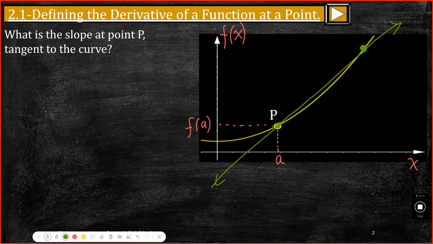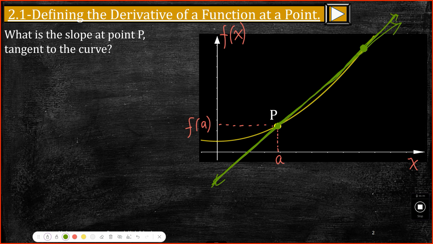But as it is, it's a good approximation, but it's not exact, because the tangent line at point A is different. It's less steep. So if I wanted to get the slope of this line that I just drew, we can use the slope formula for it, no? What we're doing is called the secant line.